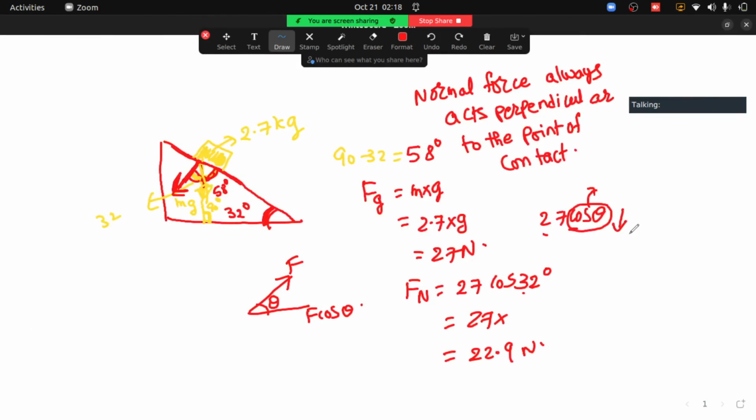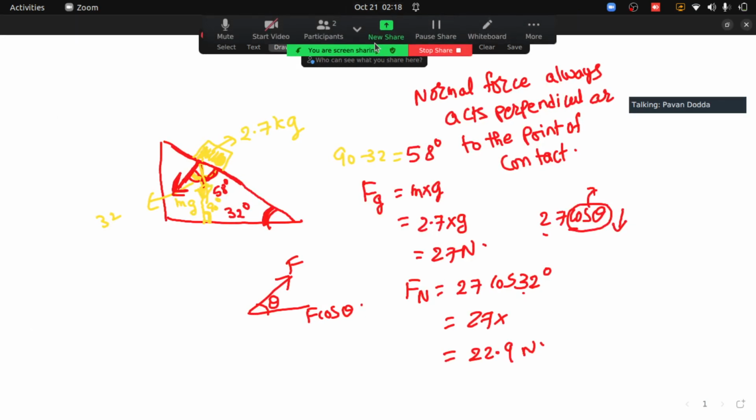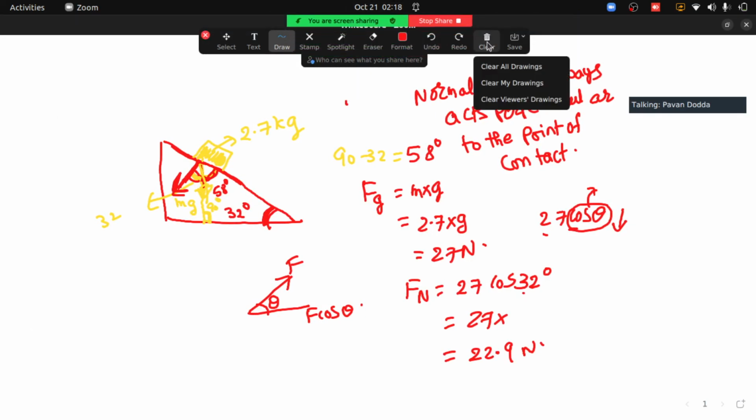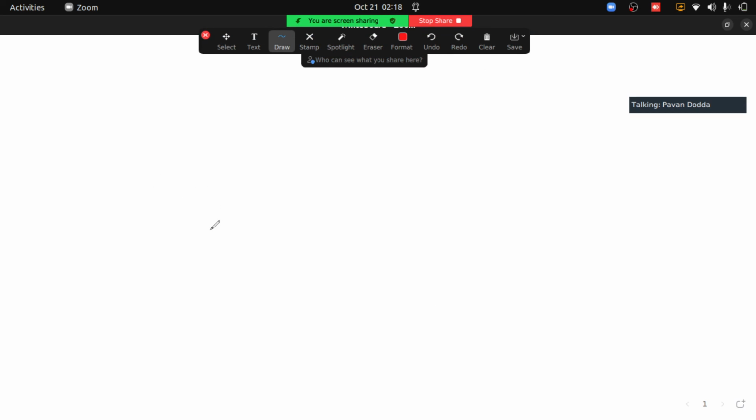So we have a square. Let me just draw the thing. What's this angle?